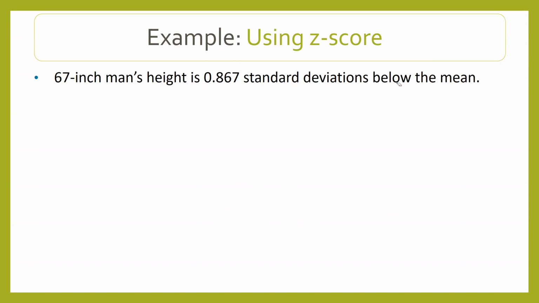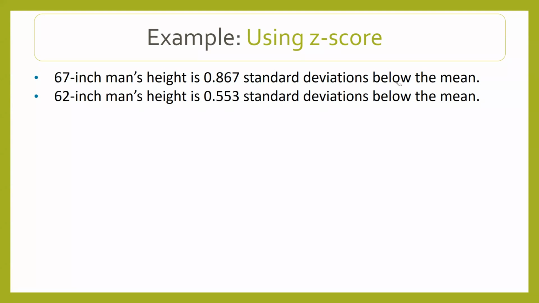The same thing happened to the 62-inch woman. Her height is 0.553 standard deviations below the mean. And because the first one is farther away from the mean, that will be relatively taller. In all these examples, I gave 3 different examples now.